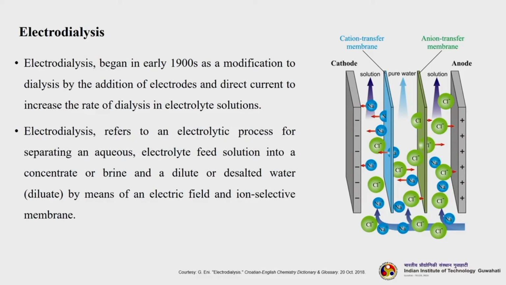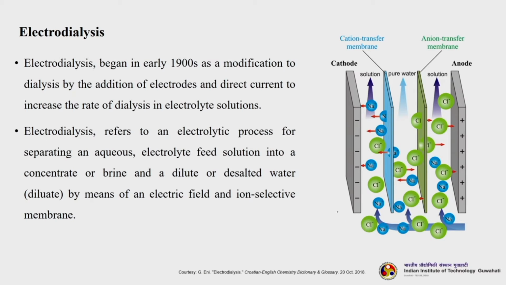Now, electrodialysis refers to an electrolytic process for separating an aqueous electrolyte feed solution into a concentrate or brine and a dilute or desalted water by means of an electric field and ion selective membranes. You can see here a simple electrodialytic cell.